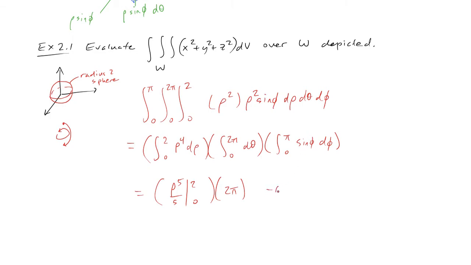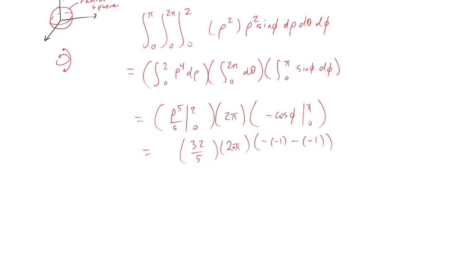And this becomes negative cosine phi, and we're going to put pi and 0 into that. Pi into that is negative 1. So negative, negative 1. And 0 is 1. So it's minus, minus 1 again. So this is going to be 2. And this will be 32 divided by 5. And if we work that out, we'll get 4 times 32, which is 128 pi over 5.